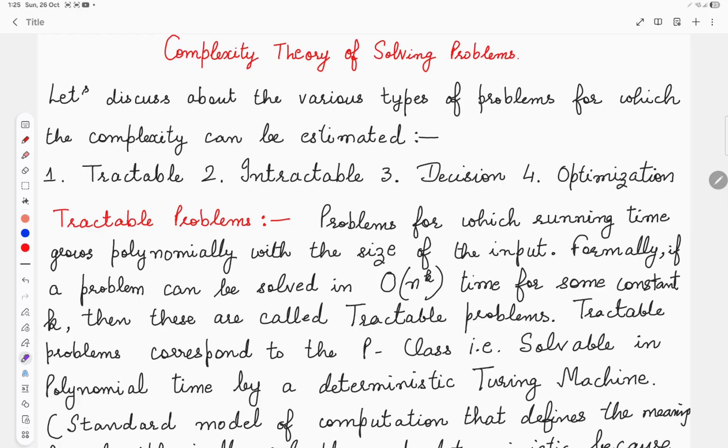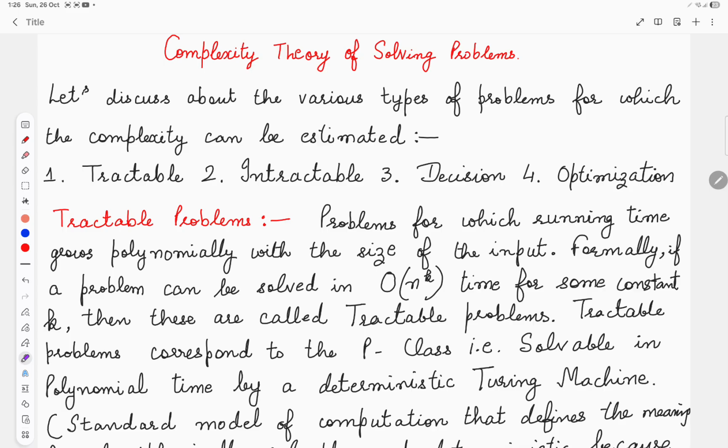The philosophy behind complexity theory is to understand how difficult problems really are and what limits exist for computation. Complexity theory is a way to measure the power of algorithms and machines by asking how much time and memory are needed to solve a problem as the input size grows.